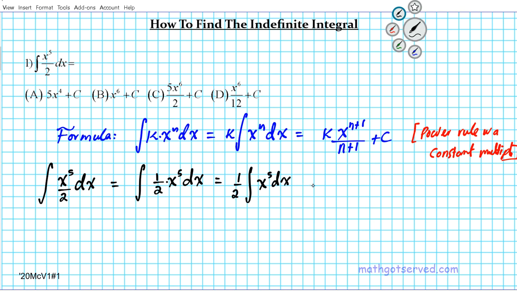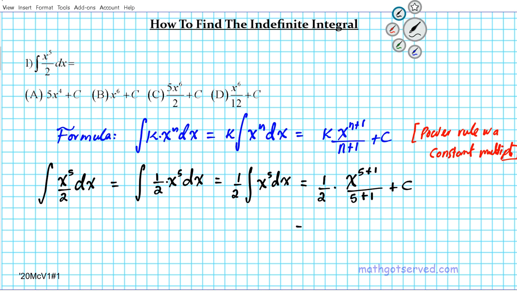Now let's go ahead and find the antiderivative using the power rule of x to the fifth. So we'll have, don't forget your constant multiple now, bring down the 1/2 times x to the 5 plus 1, power plus 1, divided by power plus 1. And don't forget the plus c. Okay? All right, let's go ahead and simplify that.